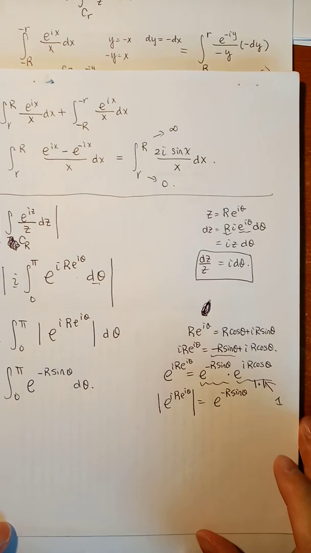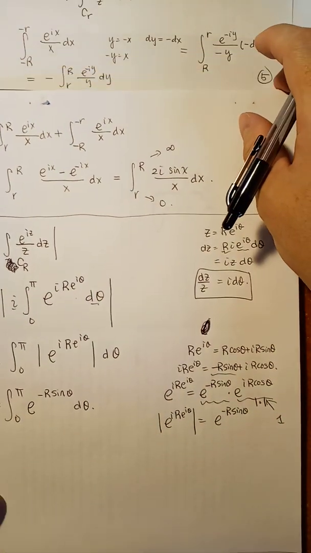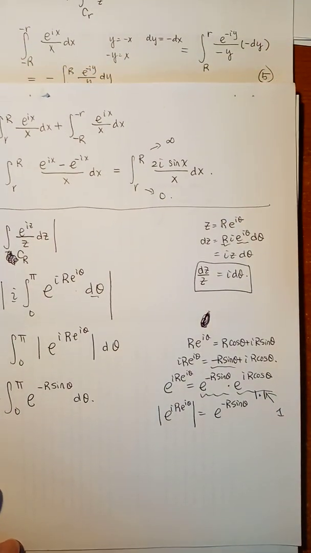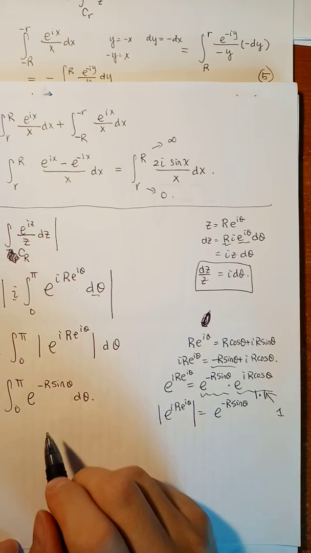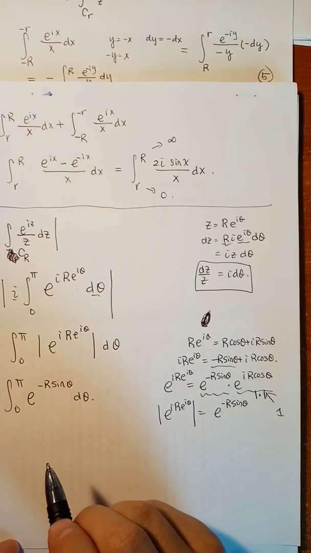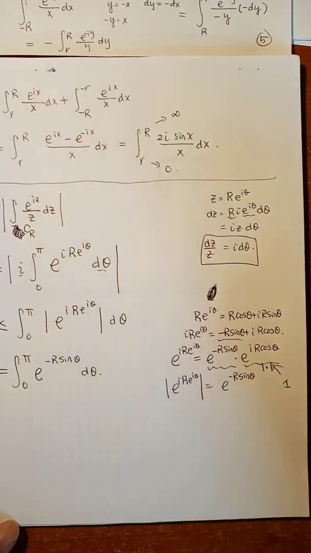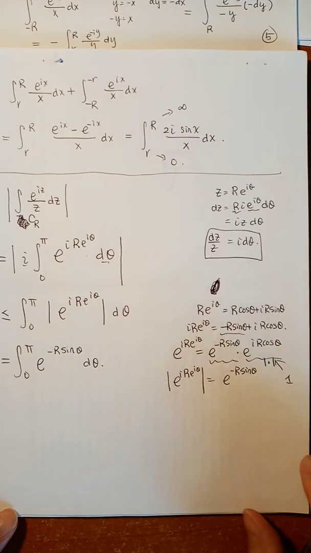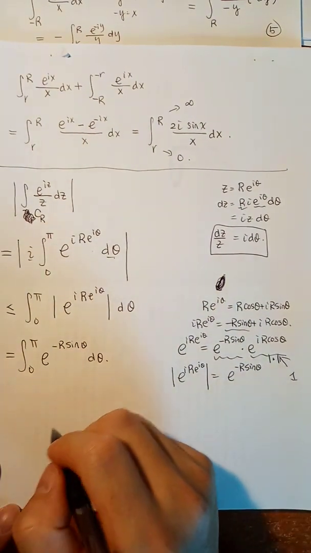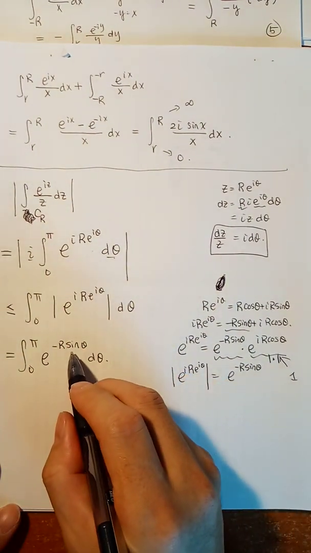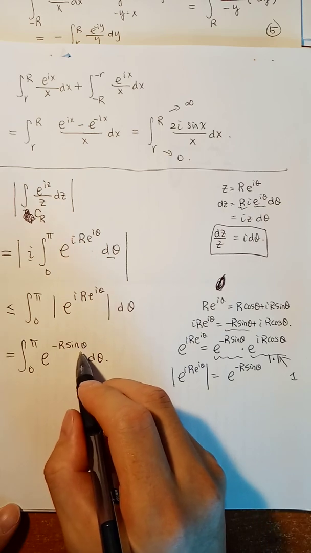Then let's check. We want to estimate this value. How do we estimate the value? This part is very tricky and technical. We know that this is a continuous function.